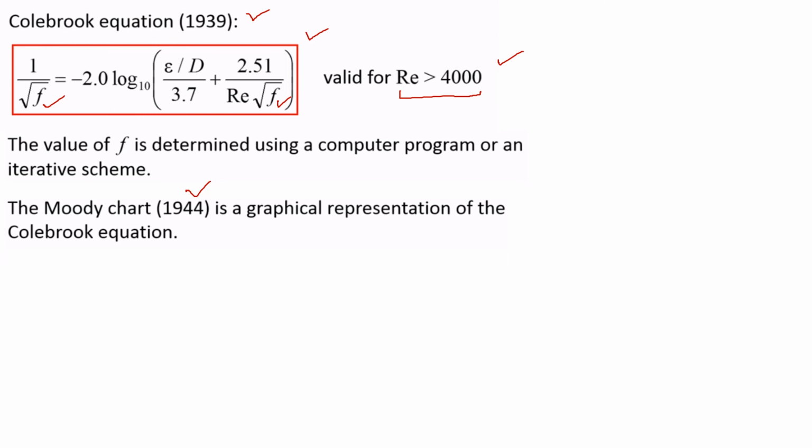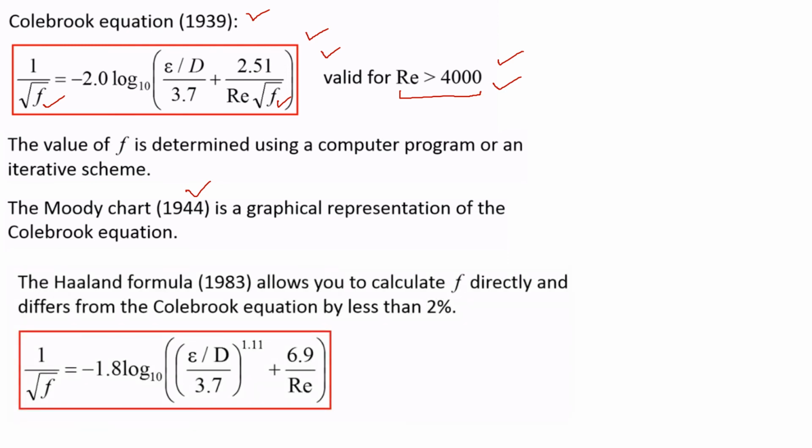So Moody helped us by graphically representing this equation on a chart, and what we will do is read that chart and take the value of our friction factor for regimes that lie in the turbulent regime, that is, for Reynolds number greater than 4000.